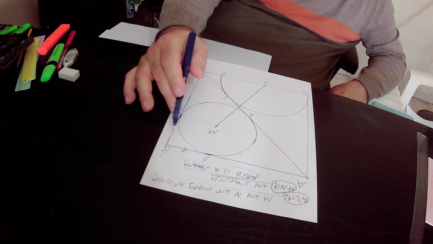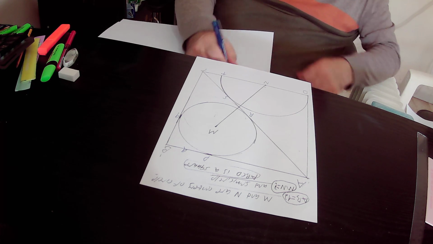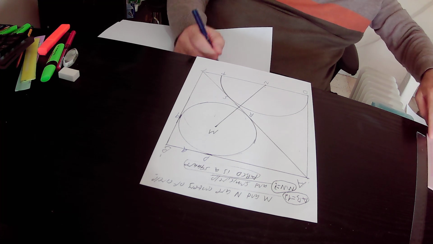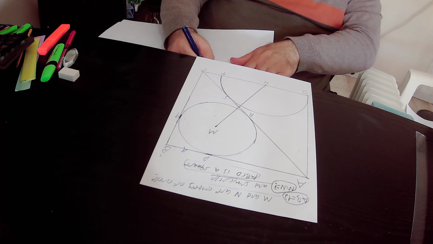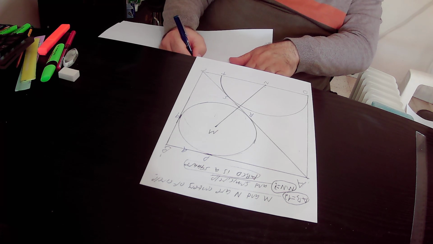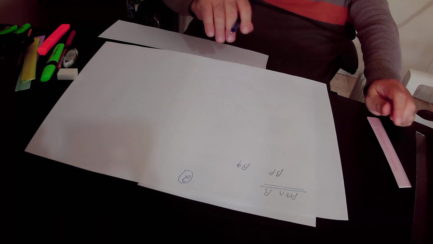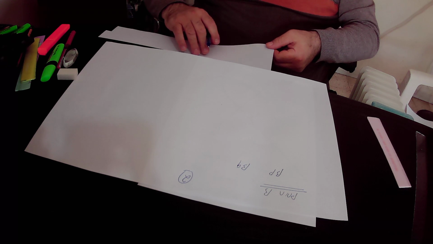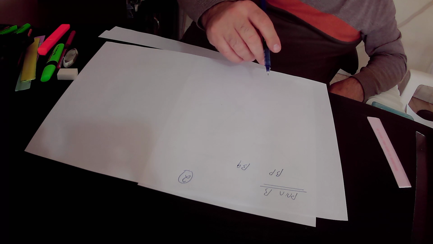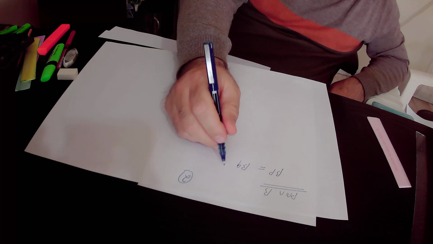The first tangent is tangent BP, and the second tangent is tangent BQ. Okay, from point B we have two tangents to the circle. The first tangent is BP and the second tangent is BQ. And according to rule number 1, the lengths of those two tangents are equal to each other. That is to say, BP equals BQ according to rule number 1.